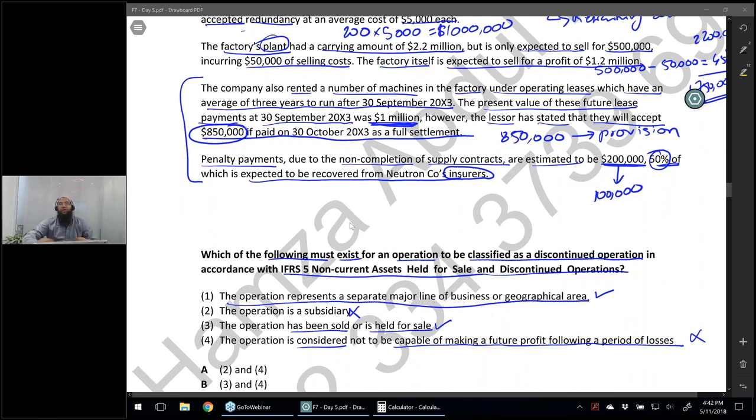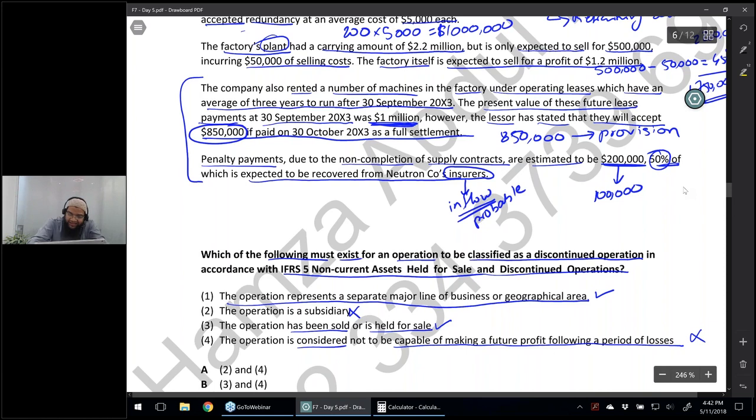One thing you people have to remember is that we do not consider any amount covered from the insurance, because insurance is an inflow which is uncertain. And even if the inflow is probable, we only disclose this inflow and we do not treat this as an income. So whenever the question talks about any amount which will be recovered from the insurers, you are not going to consider that.